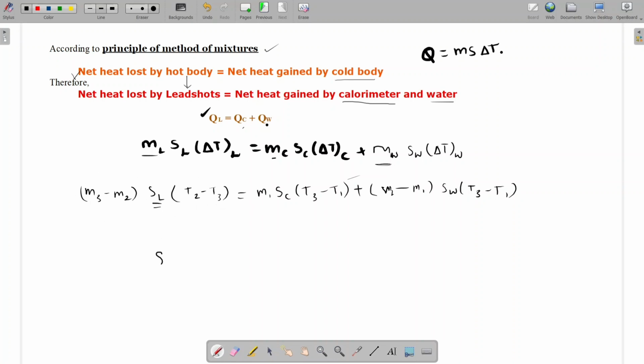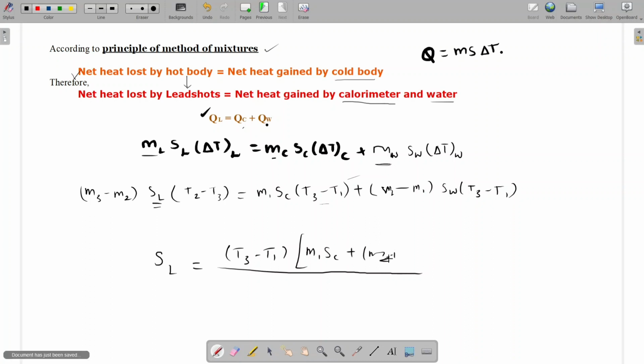So the specific heat of lead shots will be equal to, here T3 minus T1 is common in both these. So take T3 minus T1 common, so that I can write M1 SC plus M2 minus M1 into SW.